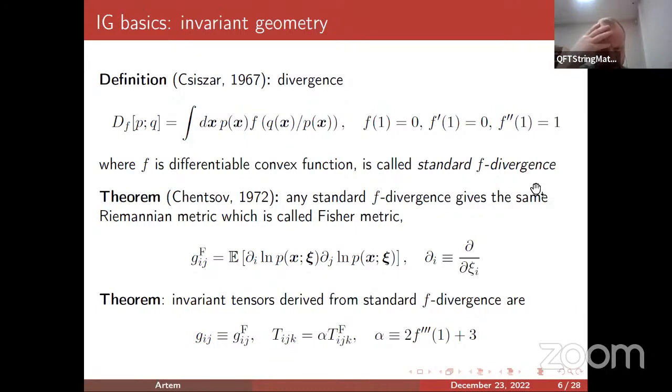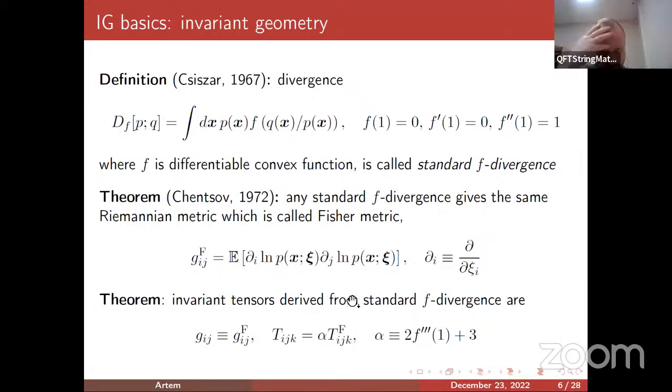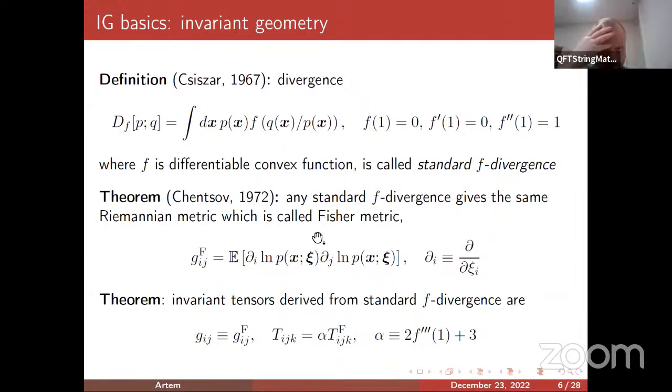Sorry, can you say it again? What is capital E? It's some probability average. What is it? You mean the second formula on this slide? Yes, yes. It is the logarithm function.